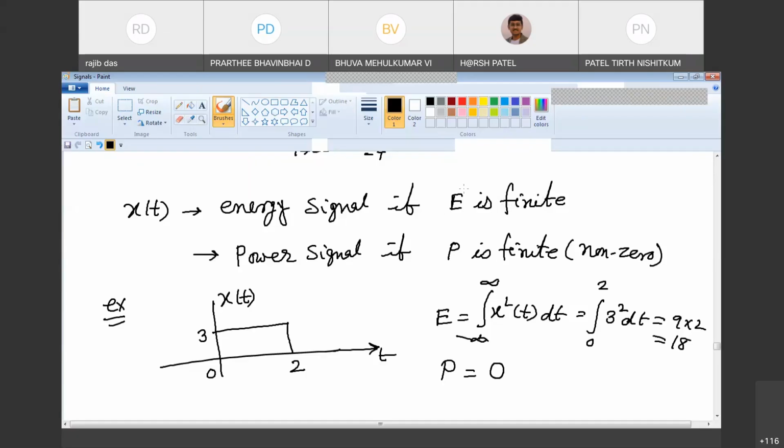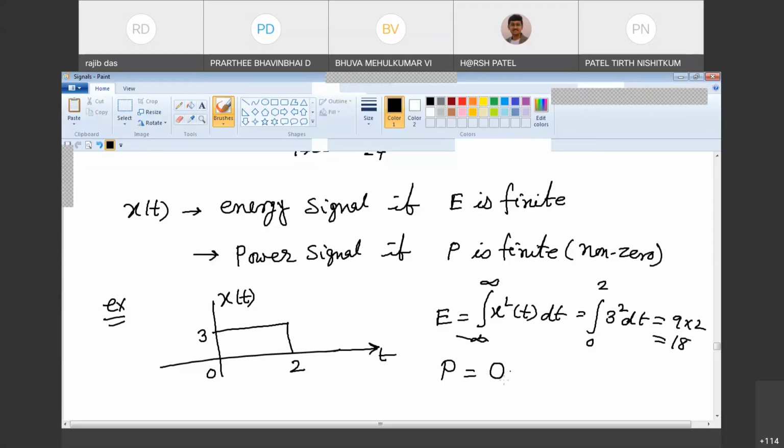It's not possible, because if you take the square and add it, you will always get some positive value, unless x(t) is 0 always. So energy cannot be 0 for any real signal, but power could be 0.